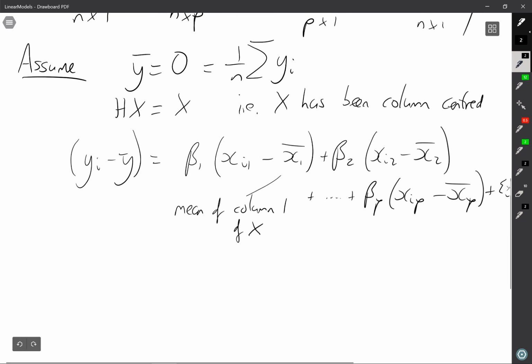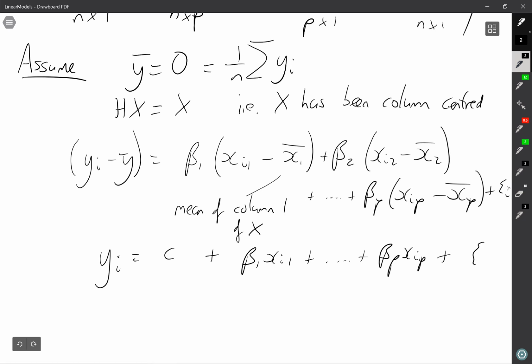So if we were to multiply all this out, then we'd get that yi is some constant plus beta 1 xi1 plus dot dot dot to beta p xip plus epsilon i, where this constant is the sum of all the means kind of collected together. So it'd be y bar minus beta 1 x1 bar minus beta p xp bar.